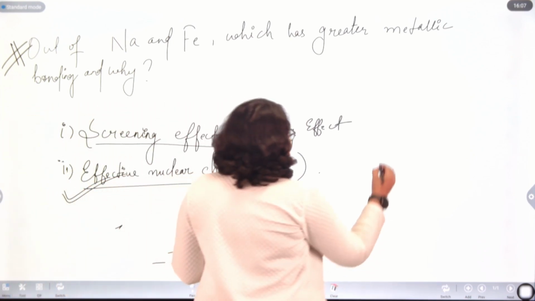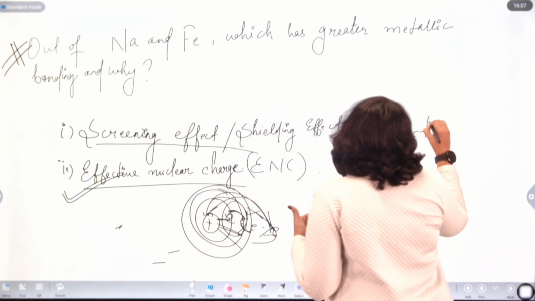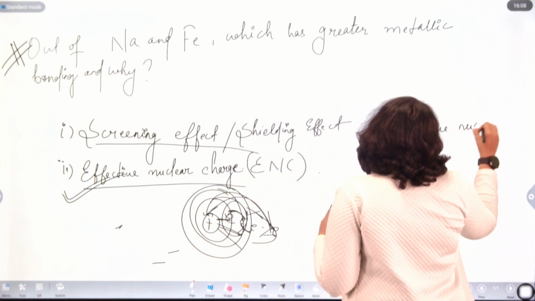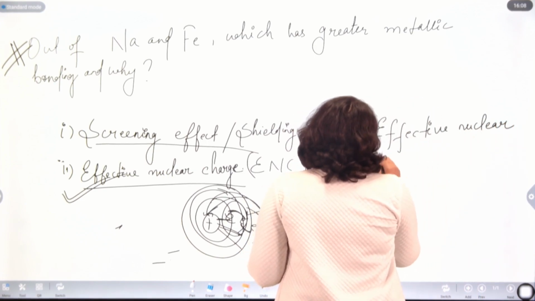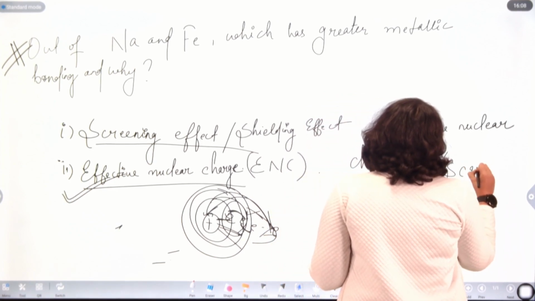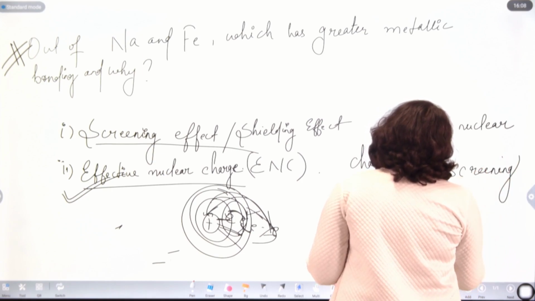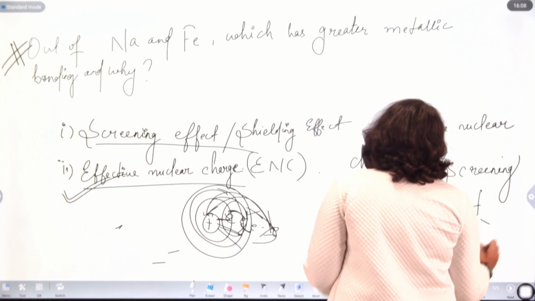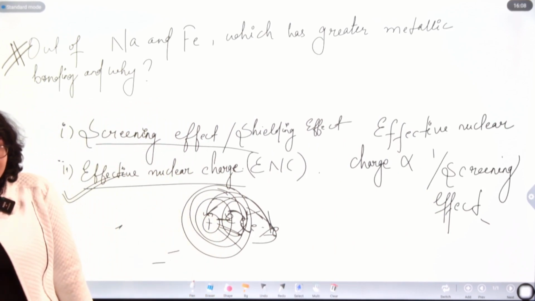So I can say effective nuclear charge is inversely proportional to screening effect.